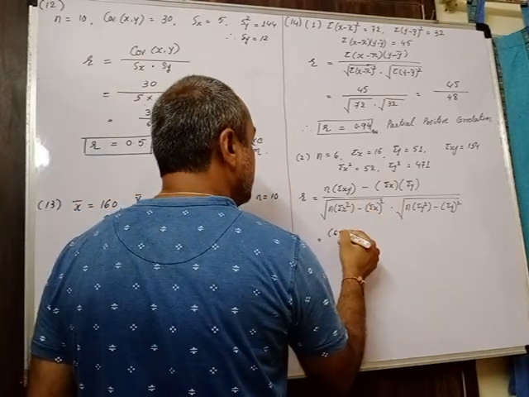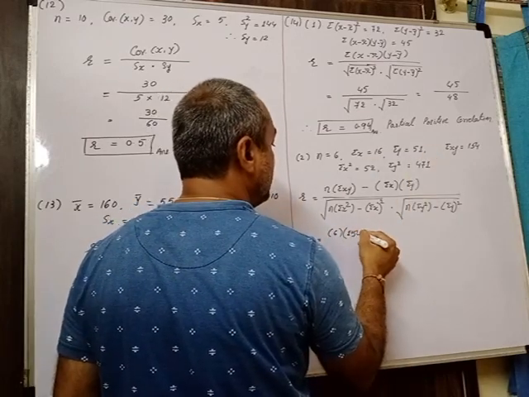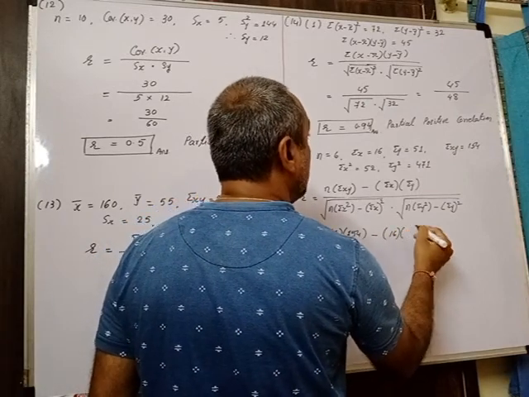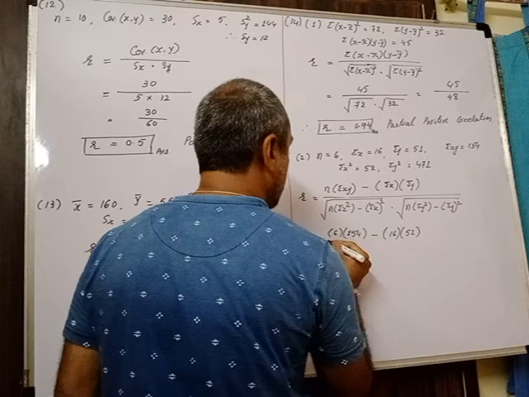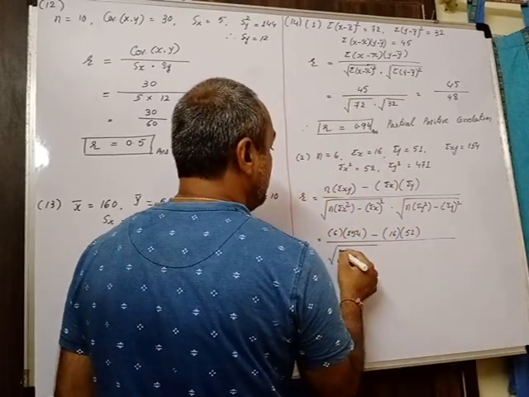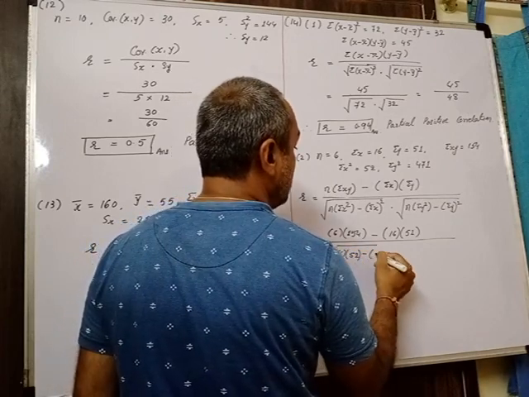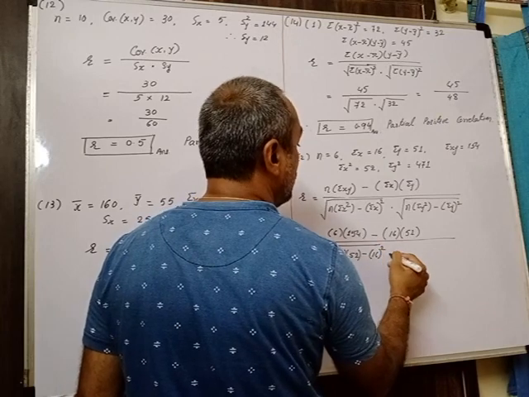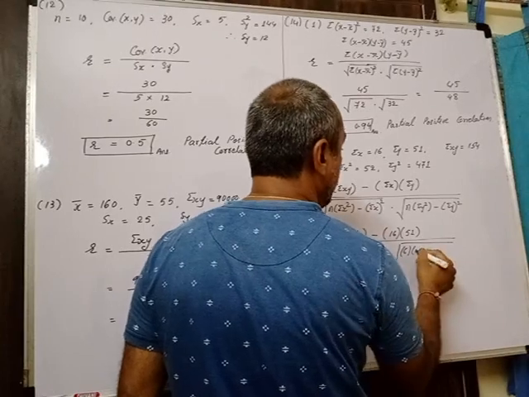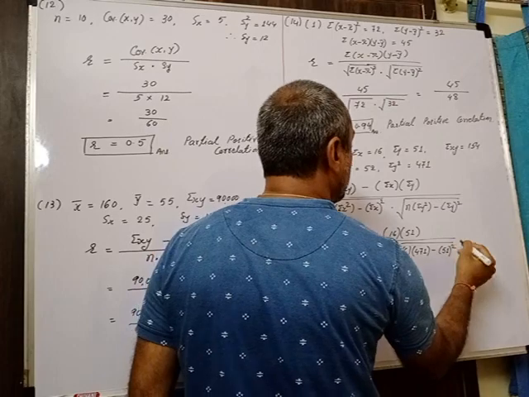So n is 6 into sum of xy 154 minus sum of x 16 into sum of y 51, divided by the first root, n is 6, sum of x square is 52 minus 16, sum of x, the whole square, into another root, n is 6, sum of y square 471 minus sum of y 51 the whole square.